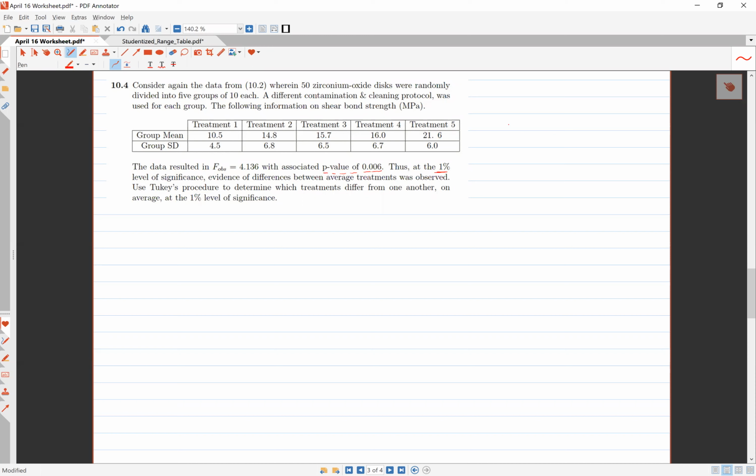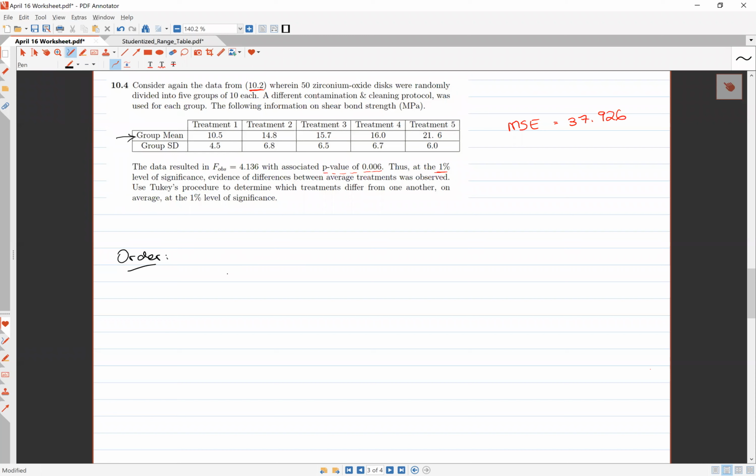The one piece of information I forgot to copy over from the previous problem was the mean square error value. That's 37.926, which was calculated in 10.2. So for the Tukey procedure, again, we're going to start by ordering our treatment averages.